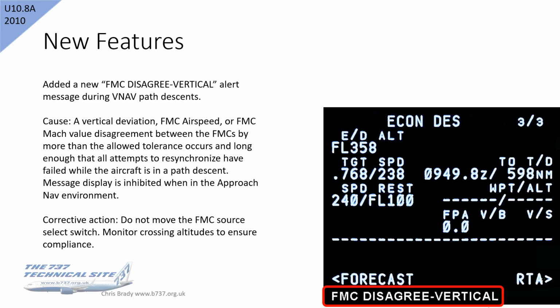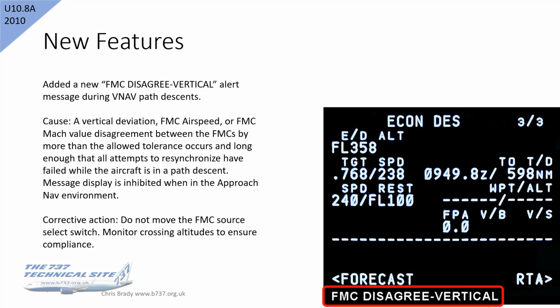New features with this were a new FMC disagree vertical alert message during VNAV path descents. The cause of this was a vertical deviation, FMC airspeed or FMC Mach value disagreement between the FMCs by more than the allowed tolerance has occurred, and long enough that all attempts to resynchronize have failed while the aircraft is in a path descent.